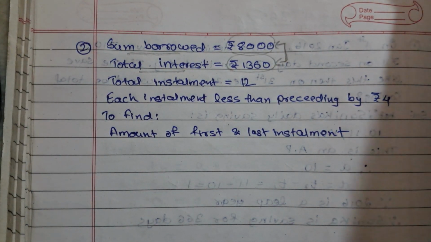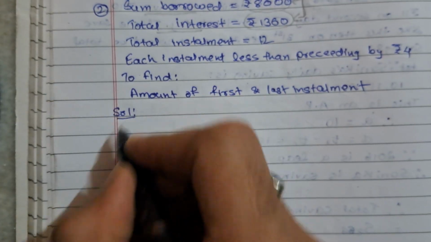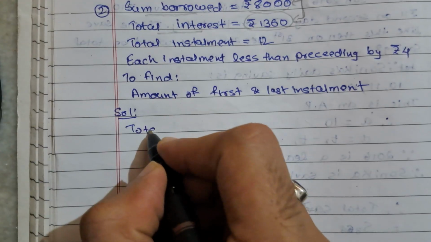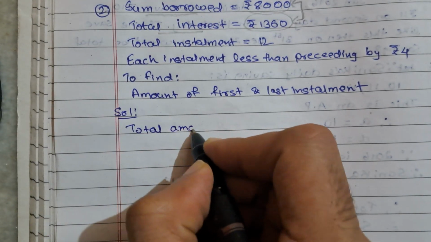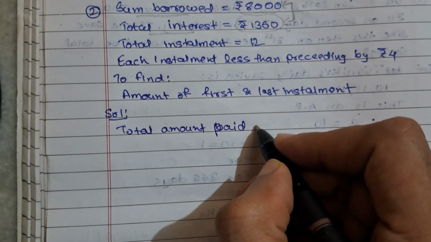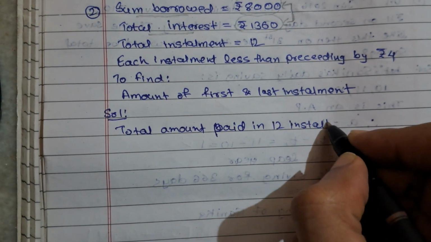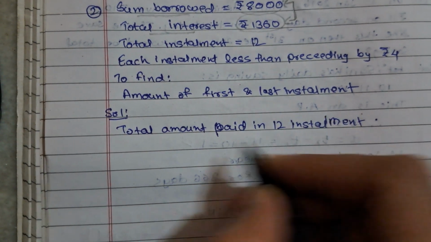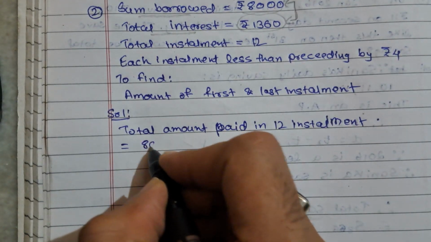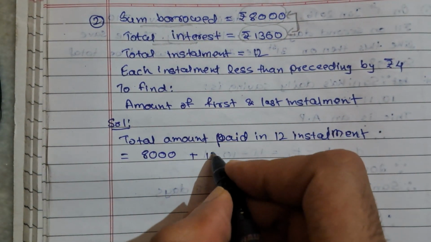So let me write like this, solution: total amount paid in 12 installments is equal to how many rupees? It is equal to 8,000 plus the interest that he's planning to pay, 1,360.